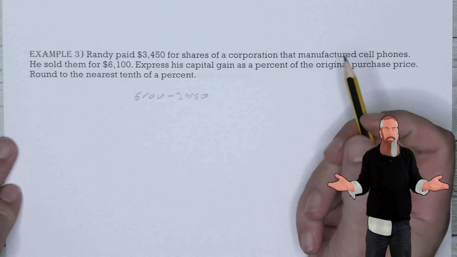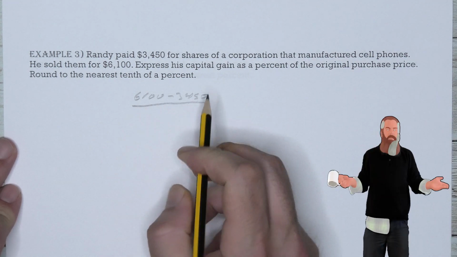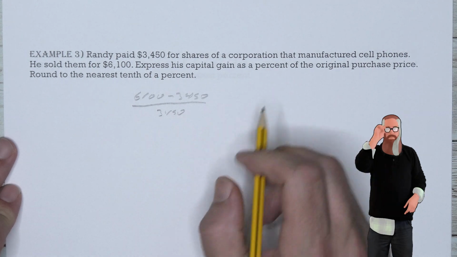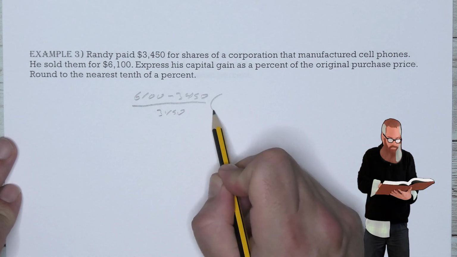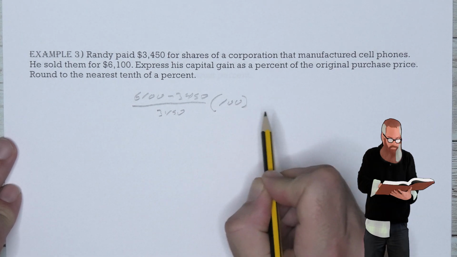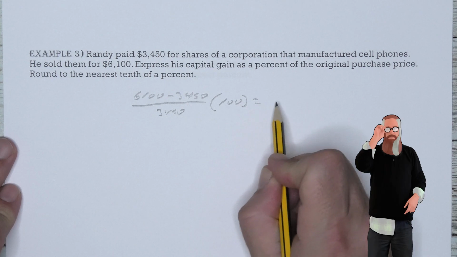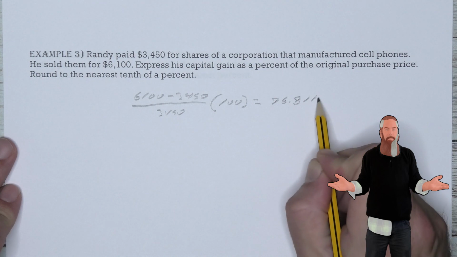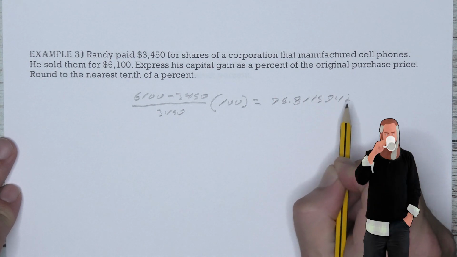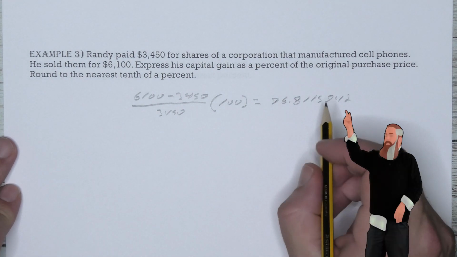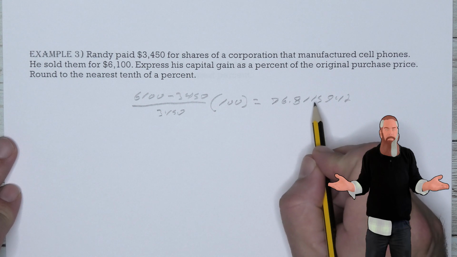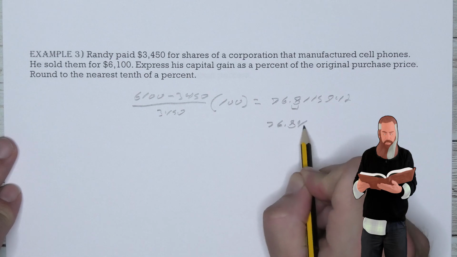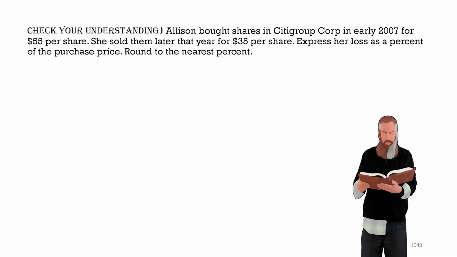But because we want an amount of change, this is change from the original, which was 3,450. It also said that we want this as a percent, so we're going to multiply by 100, which means we're going to get 76.8115942. Since we only want a tenth of a percent, we stop at the 8 for 76.8%.